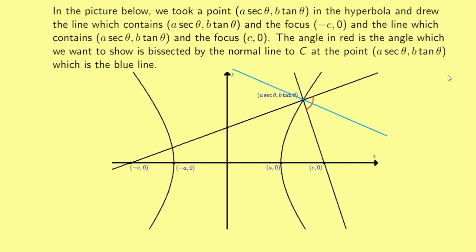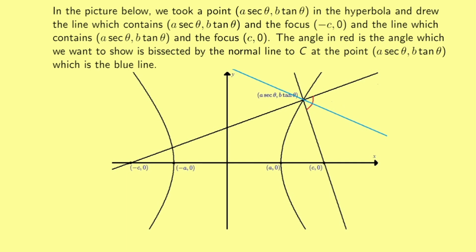I must comment that actually you should also in any case show that indeed this line cuts this angle. So you should be able to show that, for example, this line doesn't cut the other angle. It's not hard to show, because obviously the tangent line must be the one which intersects the triangle by the inside part of the triangle, and the normal line should be outside this triangle.